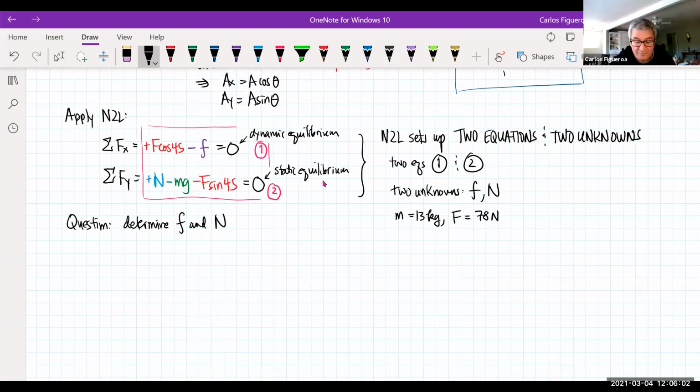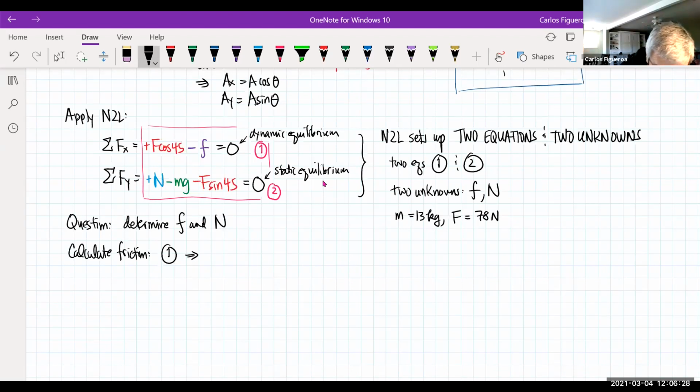That's what we know. Okay, so here we go. I'm going to calculate the friction. Note that friction only exists in equation 1. So I'm going to start with equation 1, and you can see that this guy reads what?